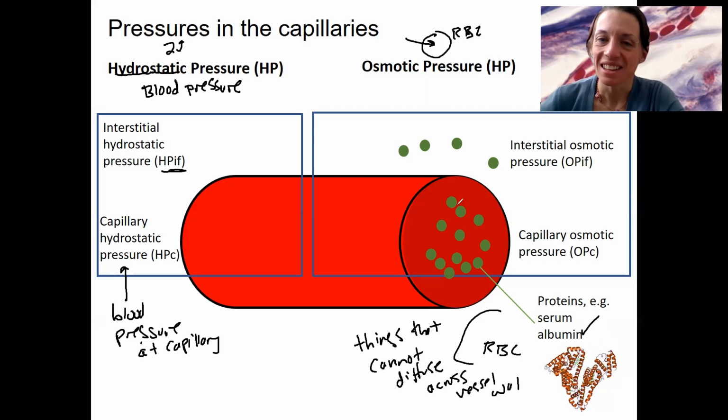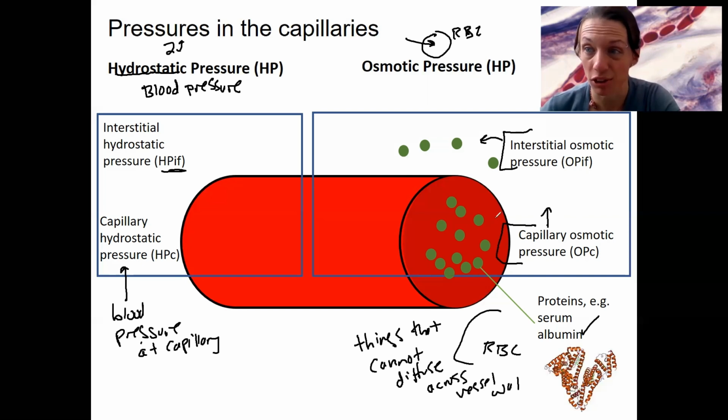So the amount of stuff in there contributes to the osmotic pressure. There is a capillary osmotic pressure that's dependent on the concentration of this stuff. And there is interstitial osmotic pressure that's dependent on this stuff. And you should be thinking already, the capillary osmotic pressure is always going to be higher than interstitial because there's more stuff here.